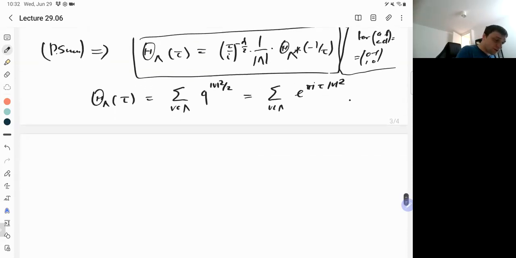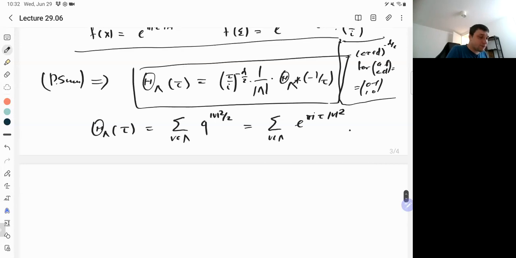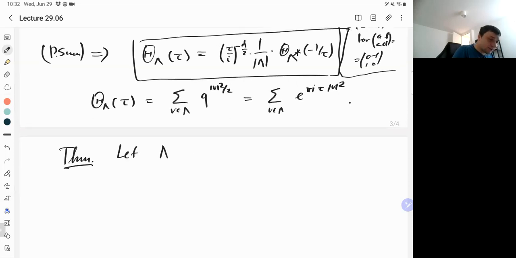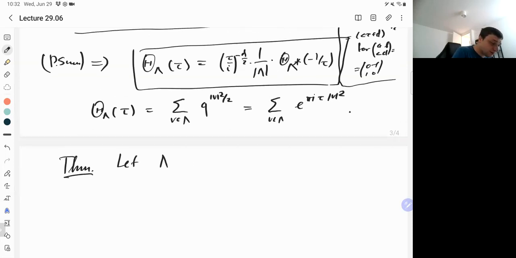So now let's use it to prove something non-trivial. Using the fact that the theta series of a lattice has this kind of duality between the lattice and the dual lattice, we can say something very strong about even unimodular lattices. So let lambda now be not an arbitrary lattice, but an even unimodular lattice.